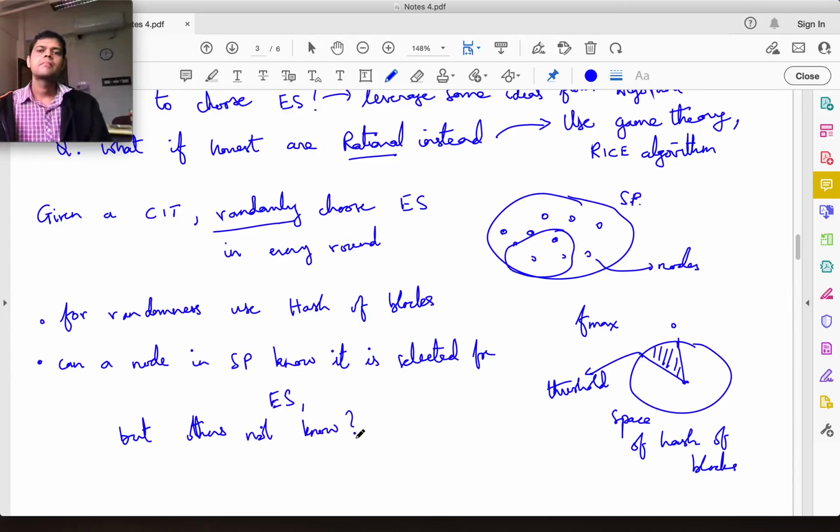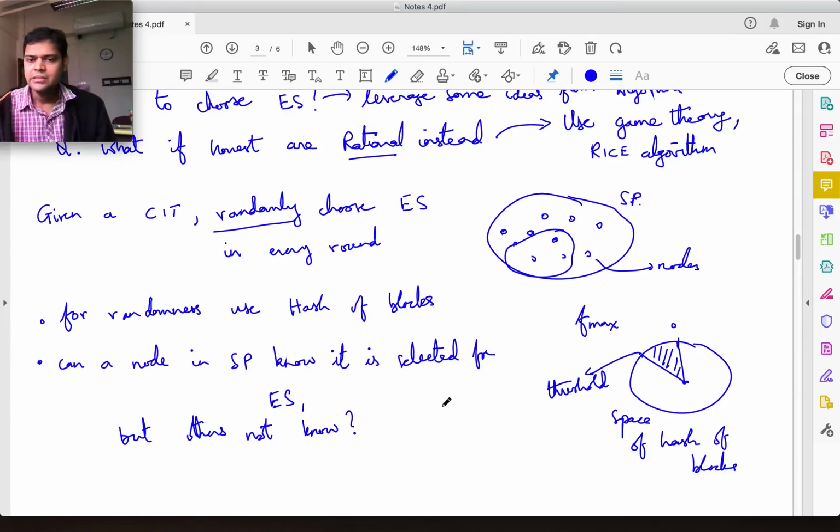So how is this a good property? Of course a node needs to know whether it's in the execution set so that it can do the computation and submit its solution and so on. But why would we not want other people to know who has been selected?